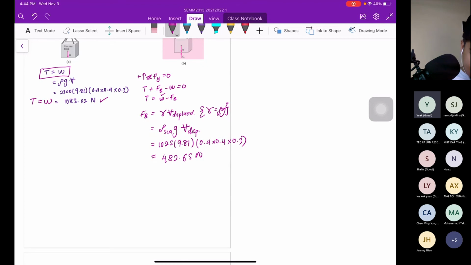Finally, to calculate the T here, tension is W minus the FB. W is 1083.02 minus 482.65 Newton. You will get 600.368 Newton.